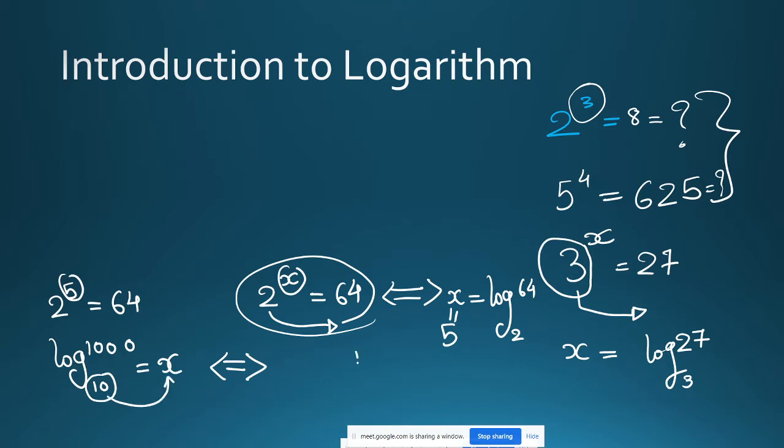So I get 10 raised to x. Answer is written over here, 1000. वहाँ 64 था ना, तो 64 आंसर था जो लॉग के वहां पे लिखा था, तो यहां पे लिखेंगे 1000. Can you tell me what is the value of x?